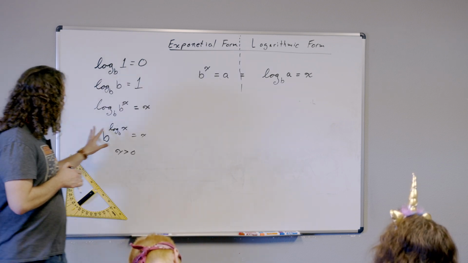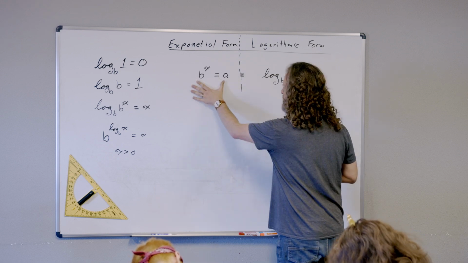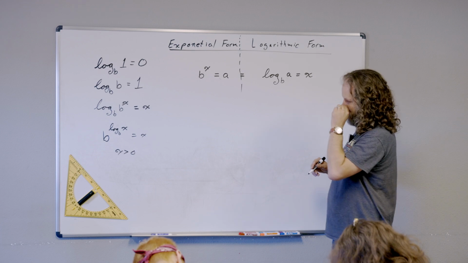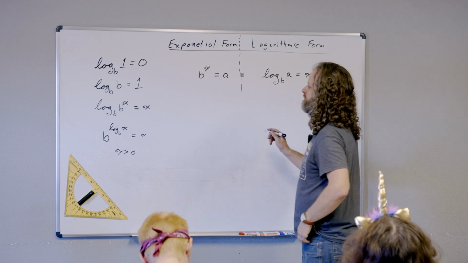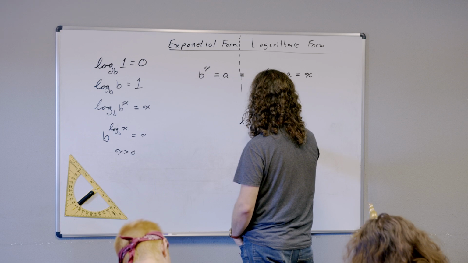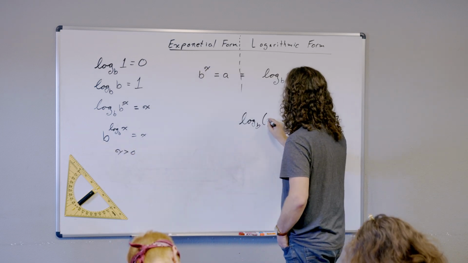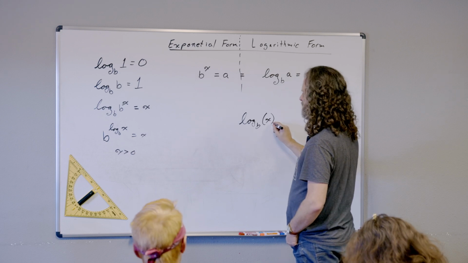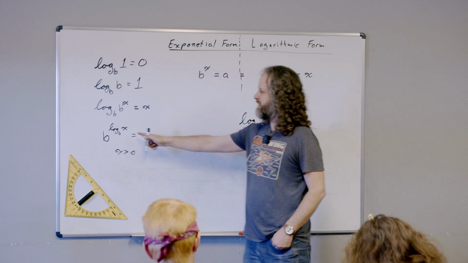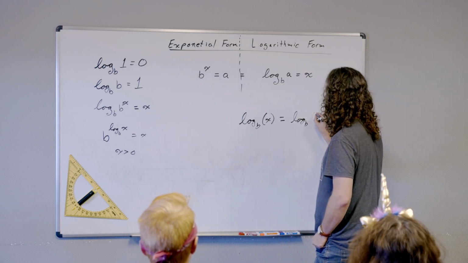If I was to take this, which is in exponential form, and convert it to logarithmic form, that would be the log base B, that's just this part, of x equals the exponent, which is this one. So log base B of x.